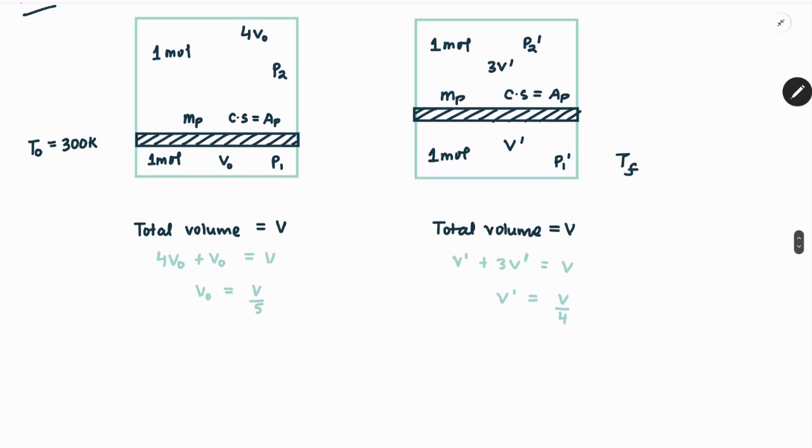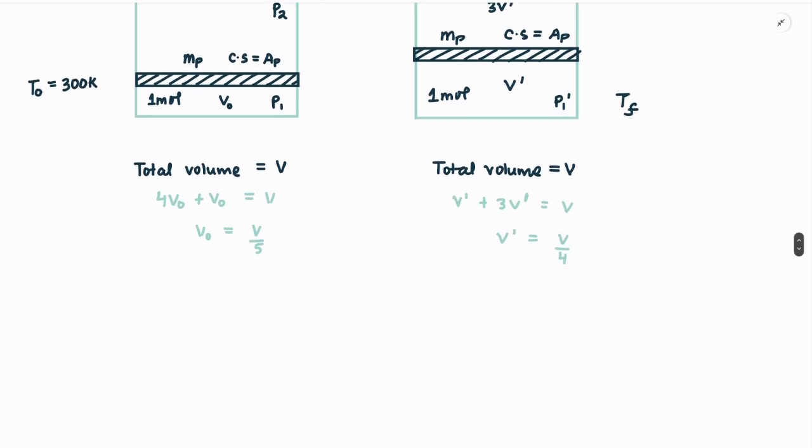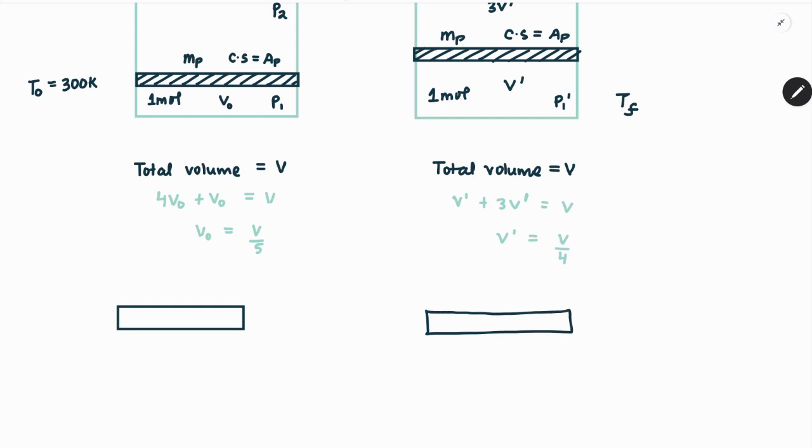So let us draw the FBD of each piston. In the first case, the weight of the piston, mass of piston multiplied by g, acts in the downward direction.